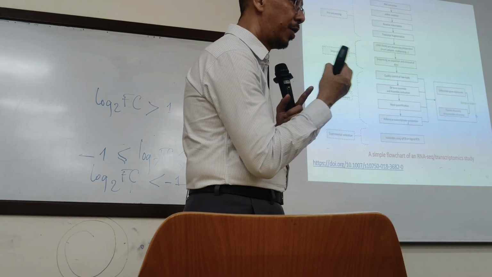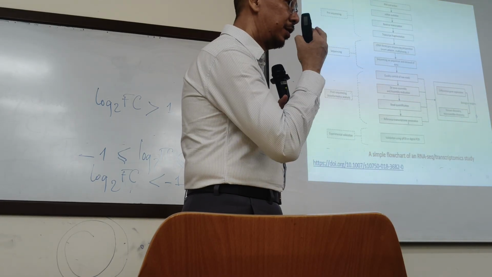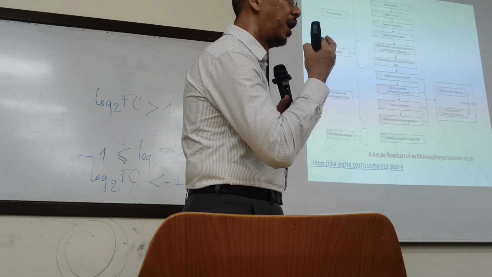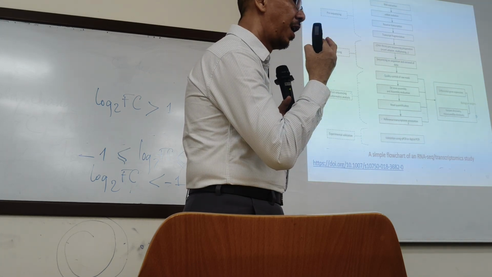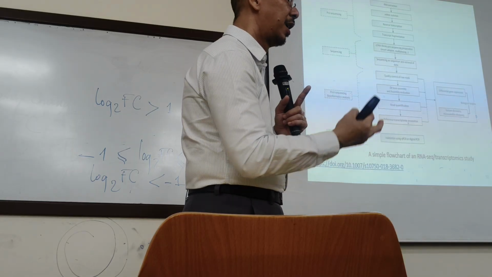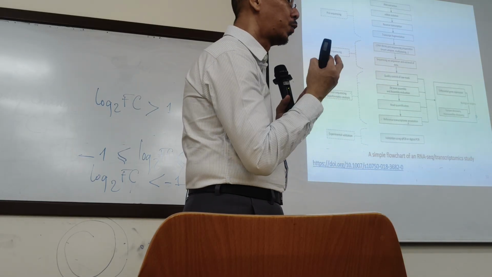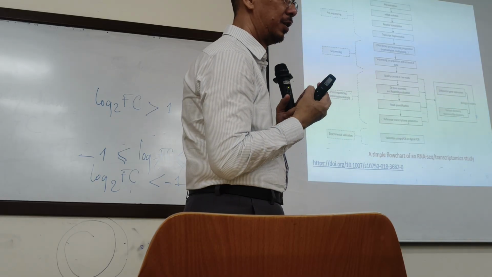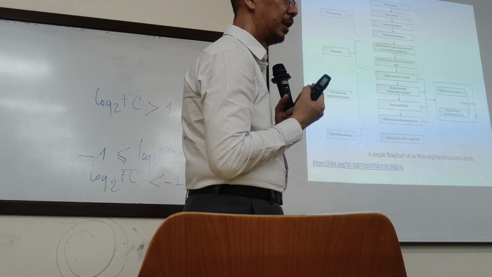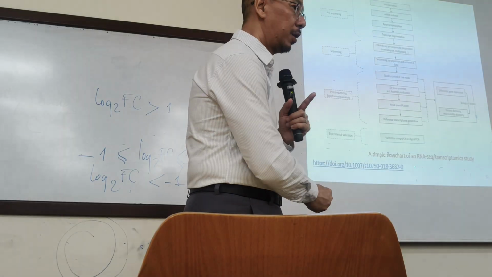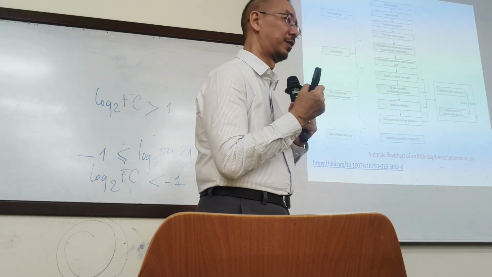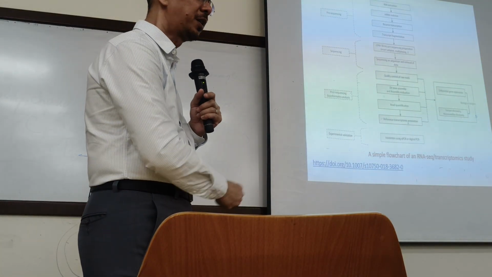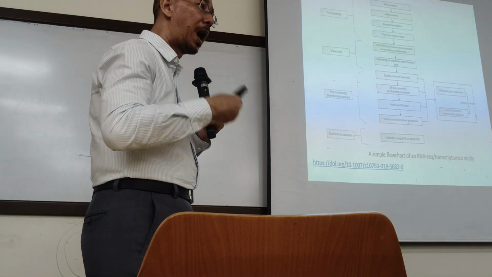qPCR means the technique to amplify RNA and then also quantify how much RNA. So that is considered the golden technique to measure gene expression. But in this technique, you have to perform one gene at a time.